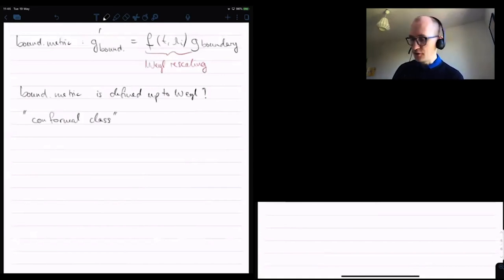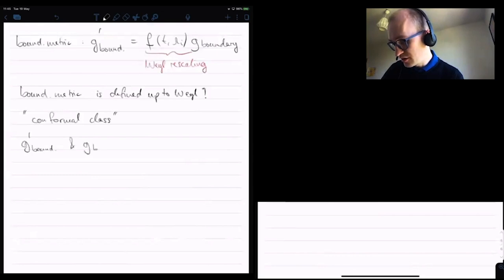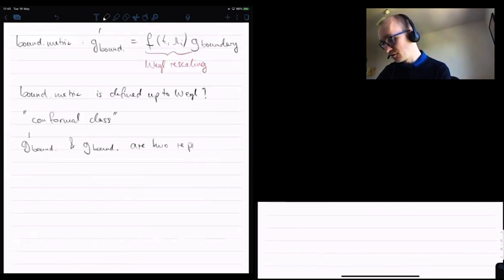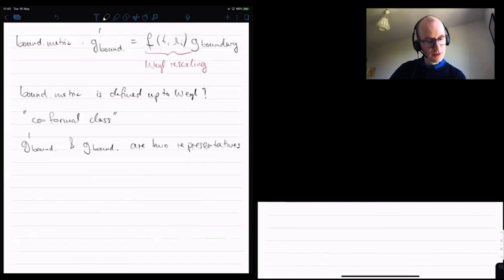And so in the sense that G prime boundary and G boundary are in the same conformal class. They are but two representatives in this class.